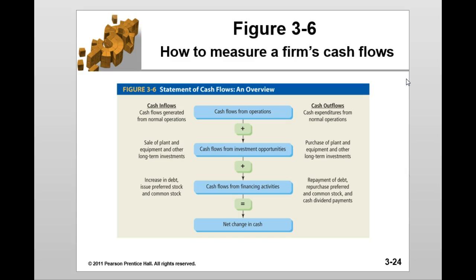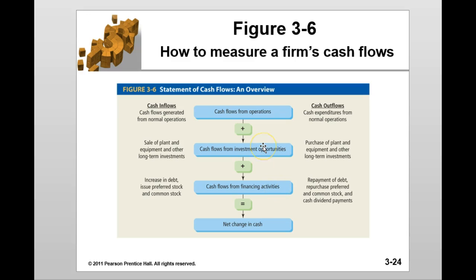First of all, you look for cash from operations, which means things that happen within the normal operations. How did the cash flow through there? We look for cash flows from investment opportunities, and we look for cash flows from financing activities.